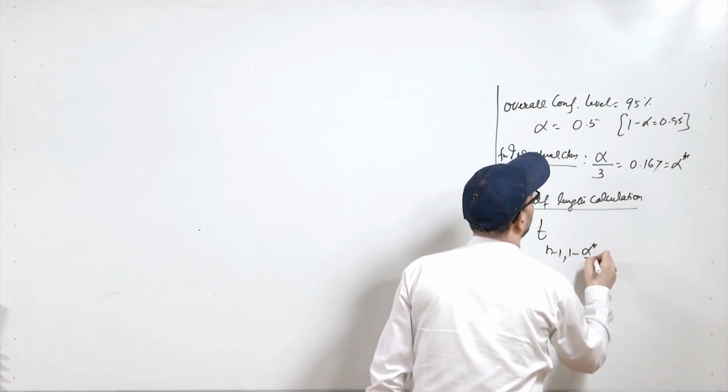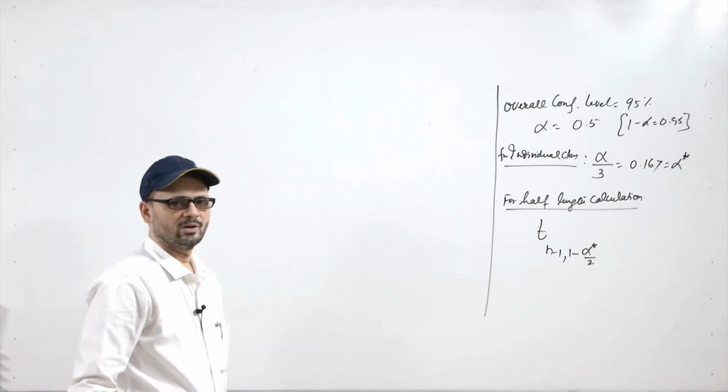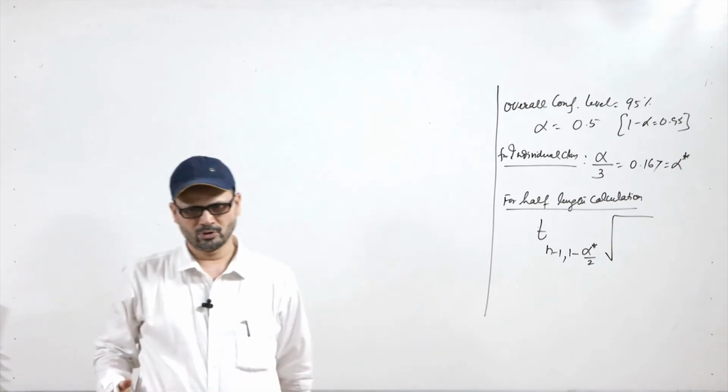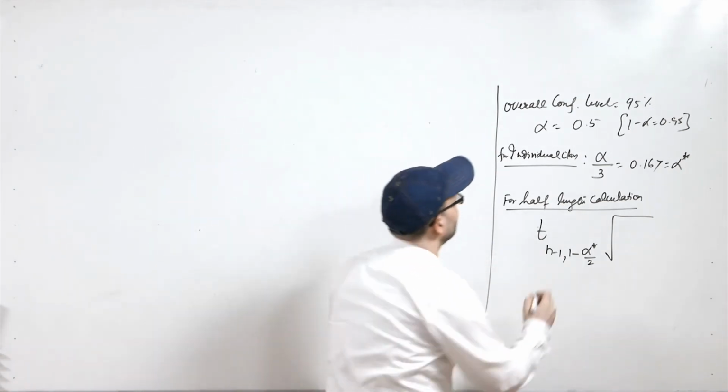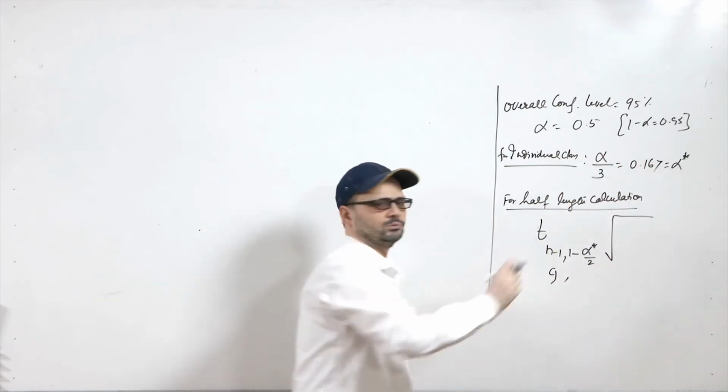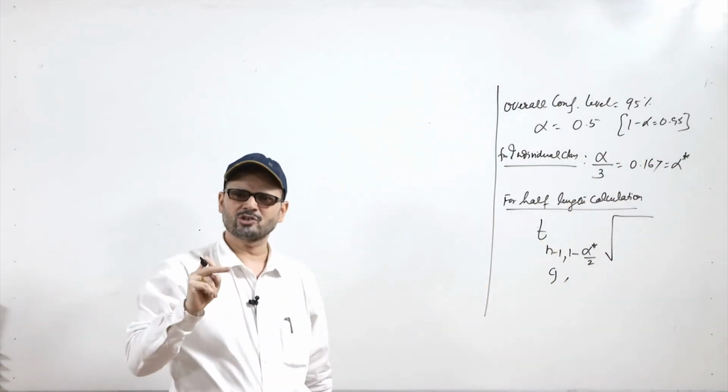So, it will be alpha star by 2, and then we will have other values like s square upon n. So, in that case this will be 9, and this will be 1 minus again this by 2. So, it will be 1 minus 0.083.